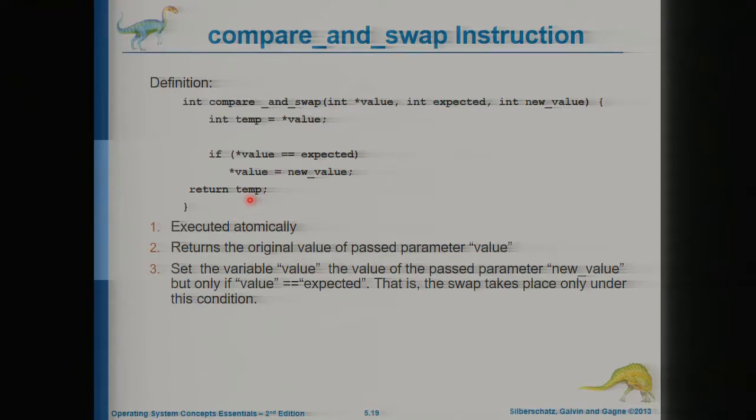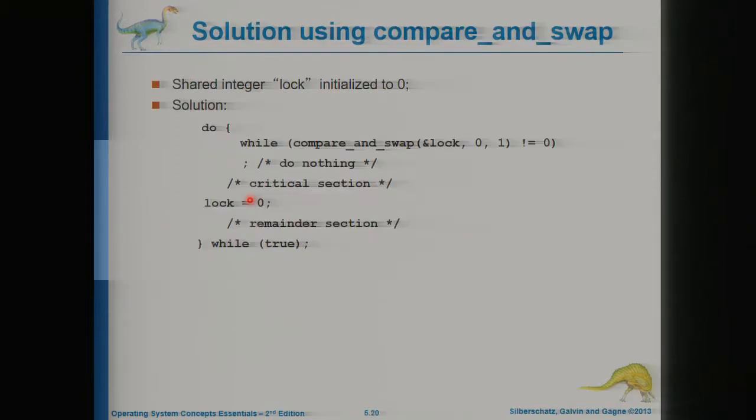So when it returns value, okay. If the value is 0, the new value assigned to value is 1. So 1 is returned here. In that case, what will happen? 1 not equal to 0, then it becomes true. So when 0 is equal to 0, sorry, it should be temp only. That's correct.